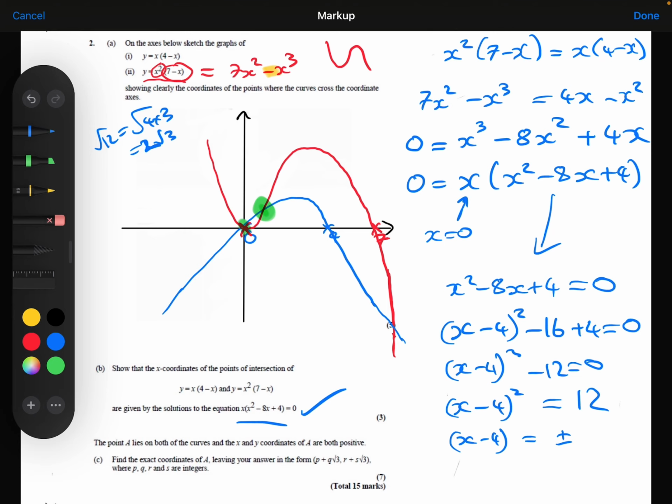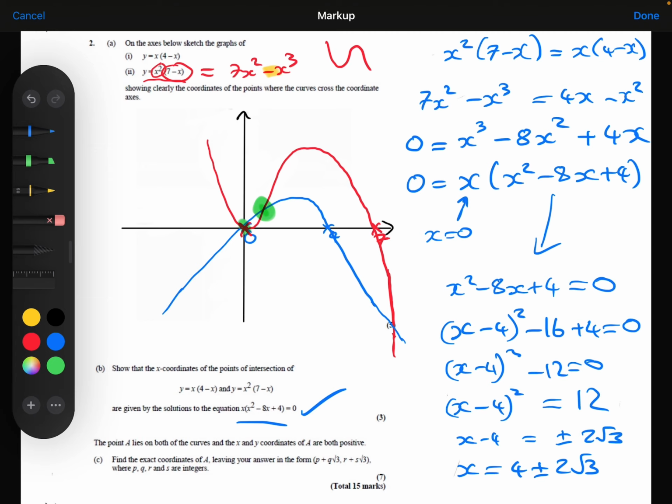So we could replace this with 2 root 3. All we need to do now is add 4 to both sides. So we're finding that x is either equal to 4 plus 2 root 3 or 4 minus 2 root 3.